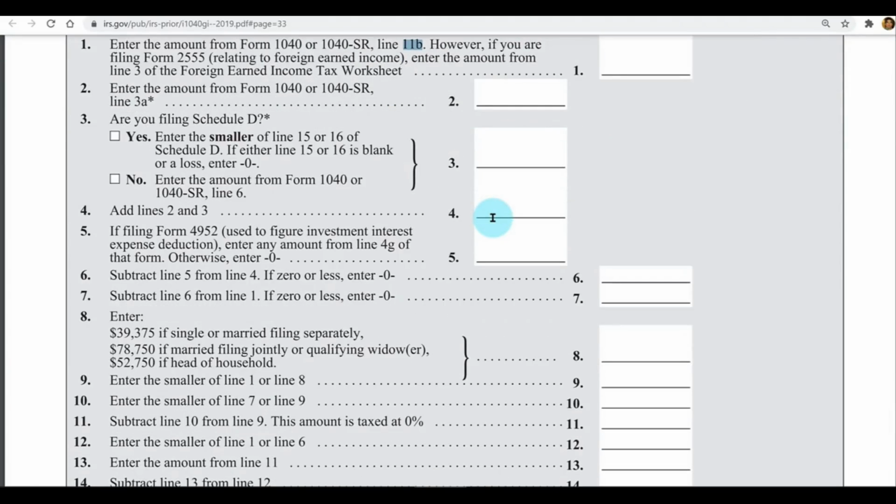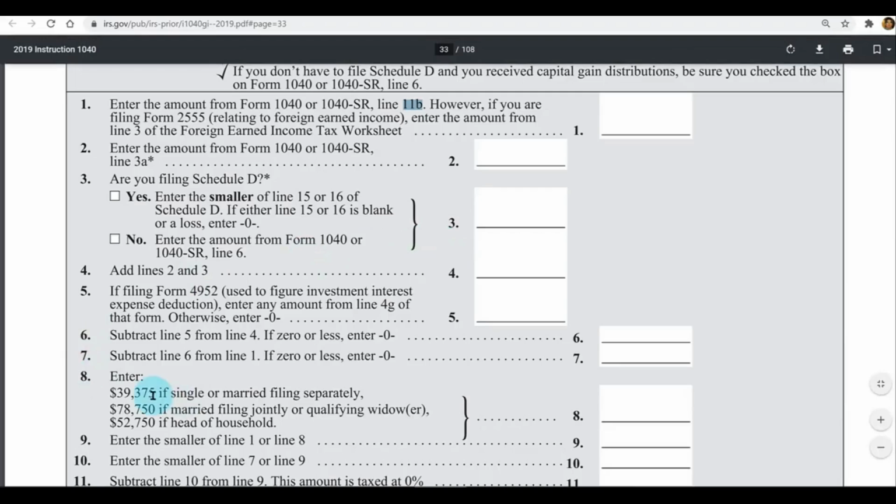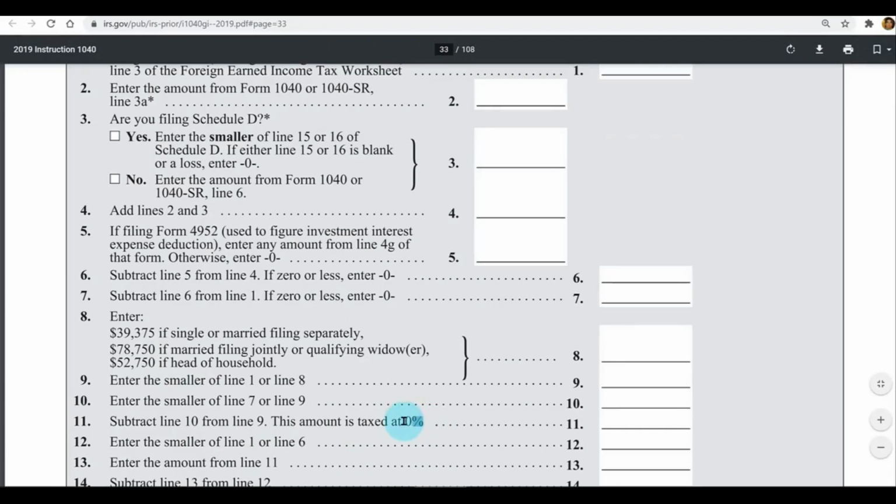And depending upon the total taxable income, if it falls within certain ranges, for example here, if you're single and your taxable income is under $39,375, your tax on the qualified dividend is going to be 0%.